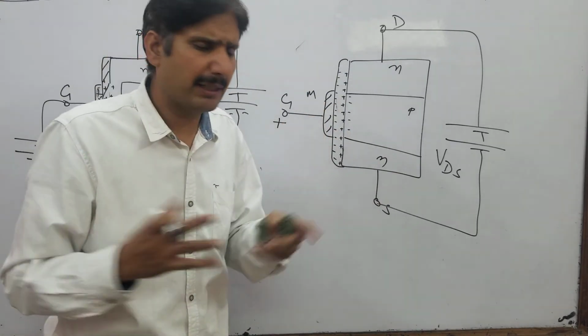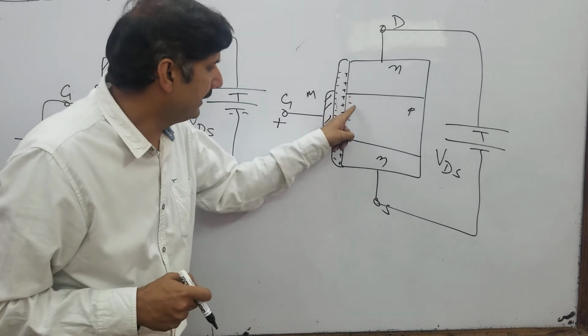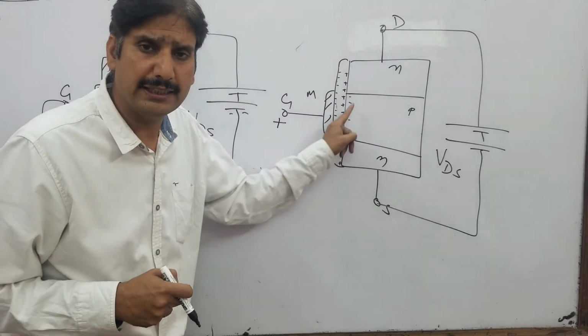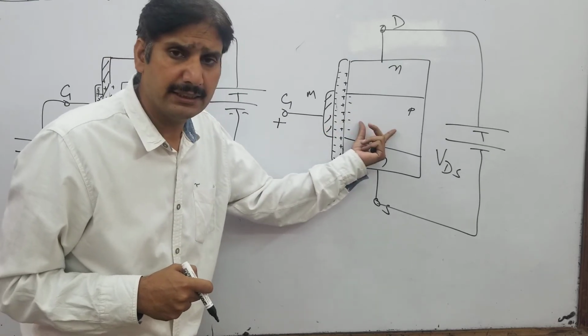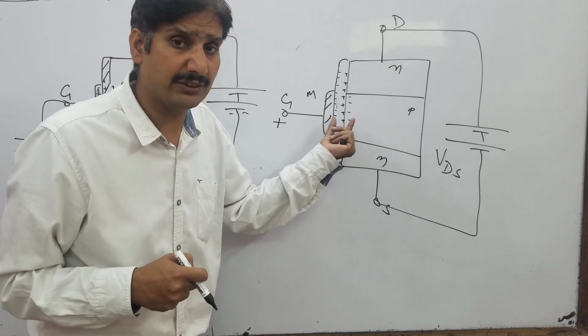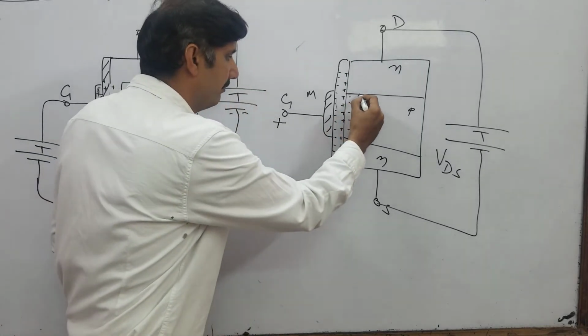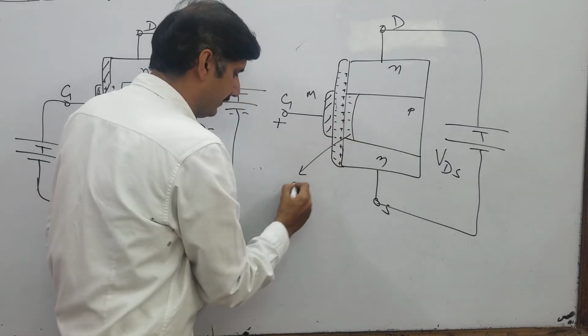So basically, you get a negative layer in the P region which is dominant in electrons. This is called the inversion layer. So you develop an inversion layer.